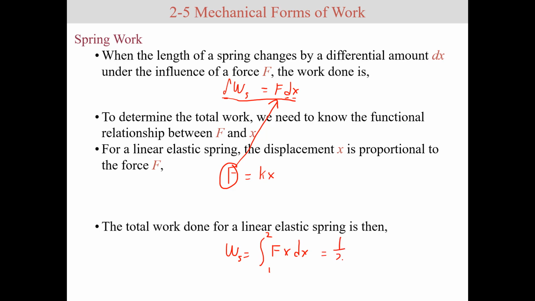The total work is going to be the spring constant k times the distance at the end of the process squared minus the distance at the start of the process squared. So that would be the total work done for a linear spring.